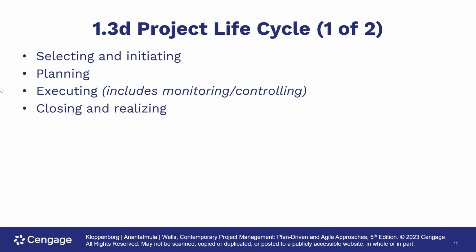The project life cycle, okay? So we have what's called selecting and initiation, planning, executing, and closing and realizing, right? Selection and initiation is where a project is selected from an emerging idea, planned at a high level, and key participants commit to it in broad terms.